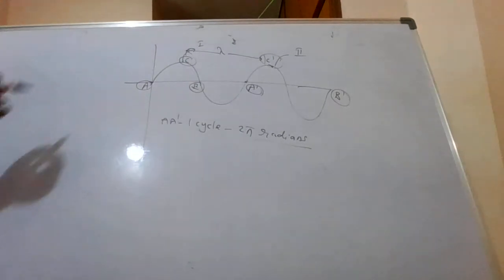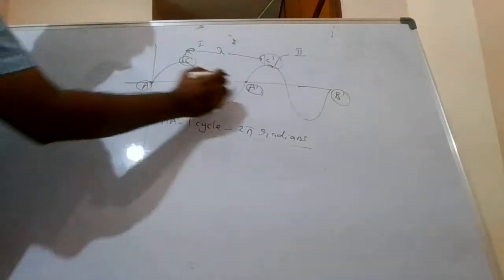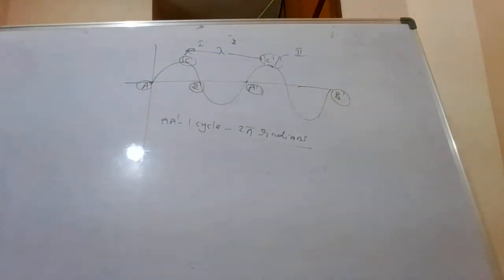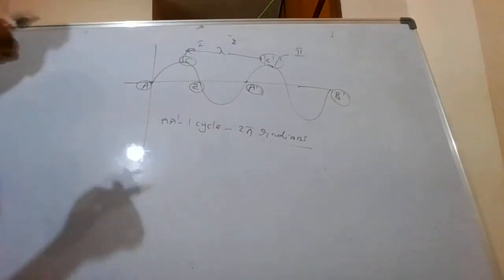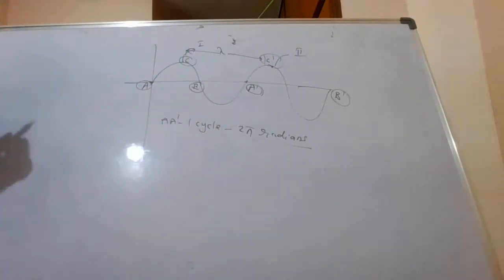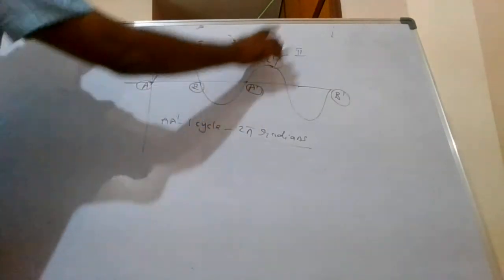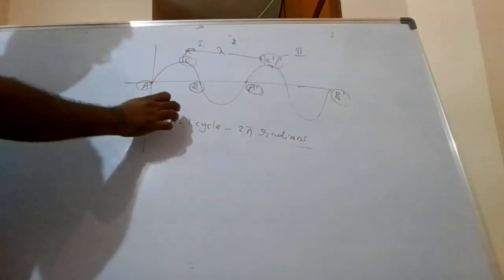Okay. When this wave is starting at this point and it is going up, it is also going up in a similar way. So can I say that the difference between these two, if I talk in terms of phases, see, talking in terms of phases means you have to talk in terms of angles. So when A is going up, A dash is also going up. When C is going down, C dash is going down. Alright.